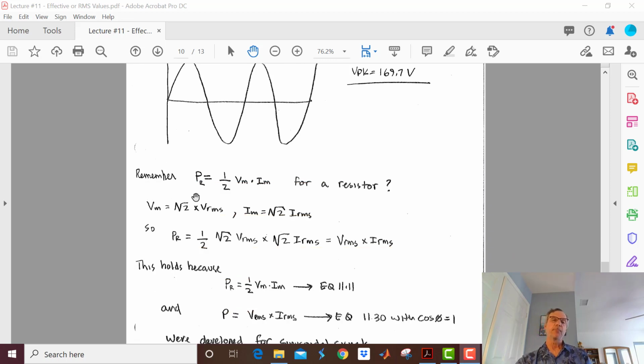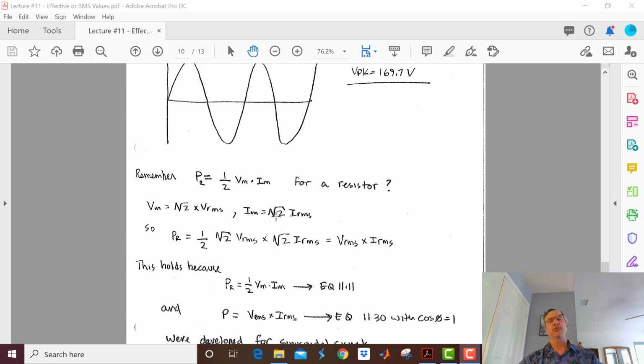So you remember the power in the resistor. Let's go back to our formula from the last lecture. It's 1/2 times V_max times I_max. But V_max is really just root 2 times V_RMS, or in other words, it's the RMS value multiplied by 1.414.